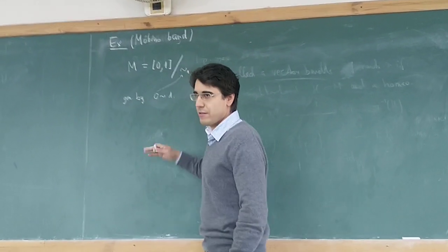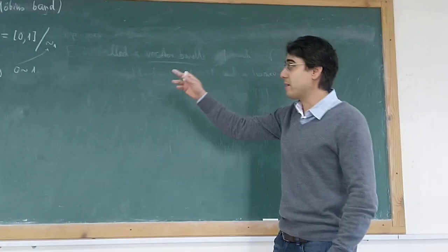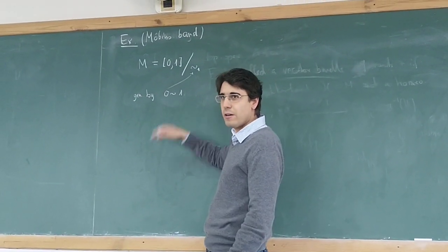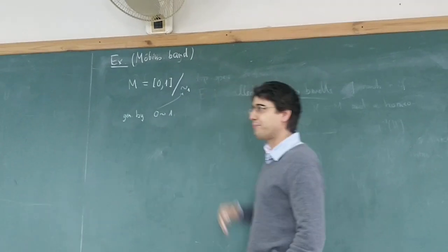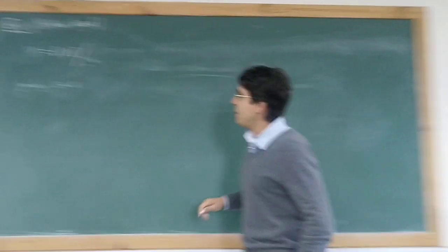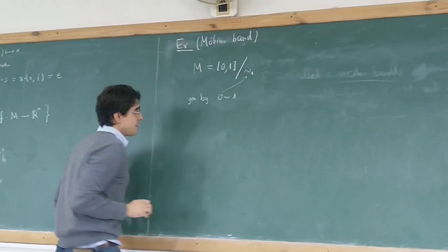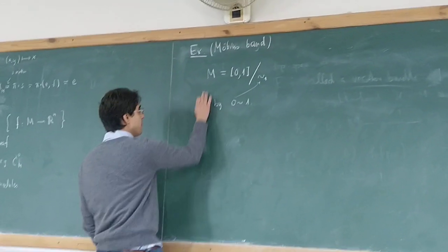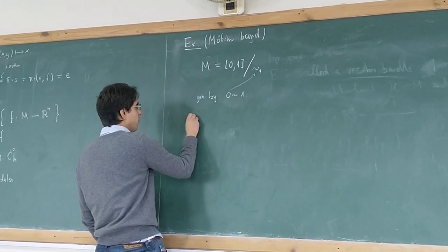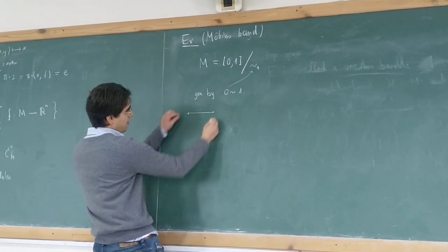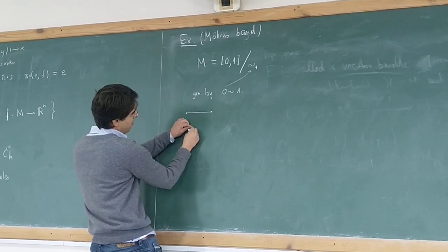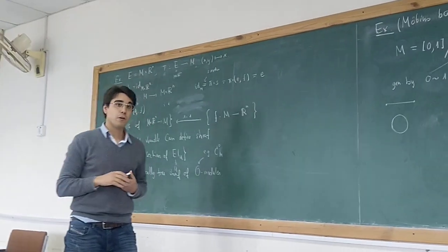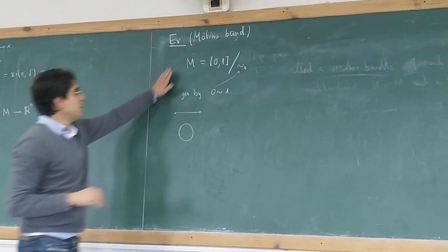What I mean by generated is you take the smallest equivalence relation which satisfies that 0 is equivalent to 1. So, in particular, 1 needs to be equivalent to 0, and everything needs to be equivalent to itself. Such a quotient always has a natural topology called the quotient topology. And this M here, well, what happens if we take the unit interval and take these two points together? We get a circle. So this is homeomorphic to the circle.